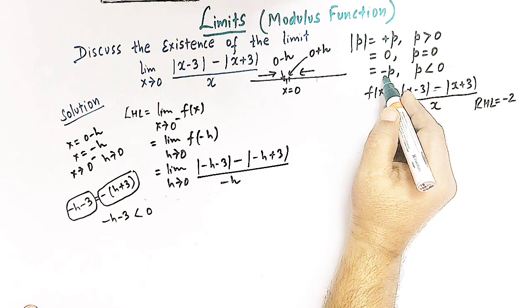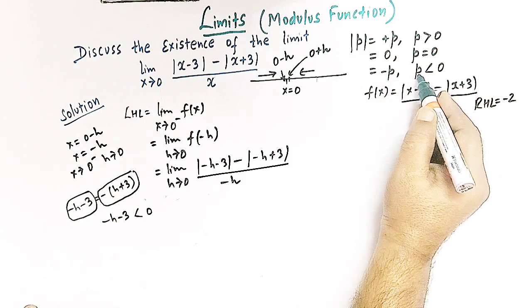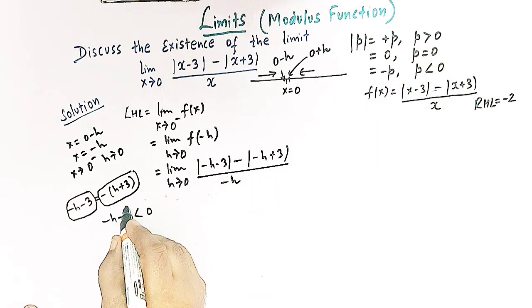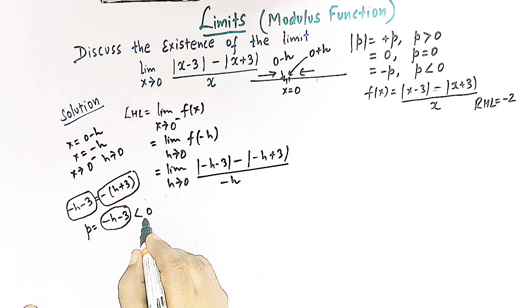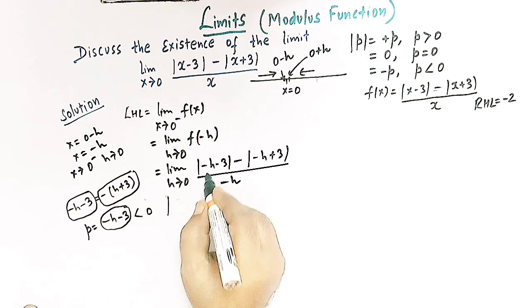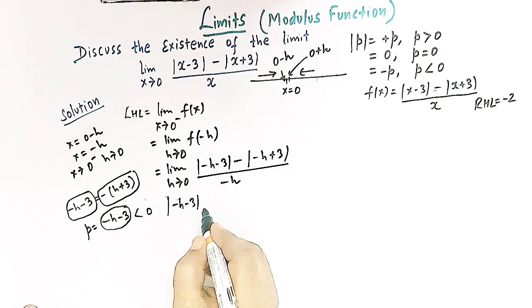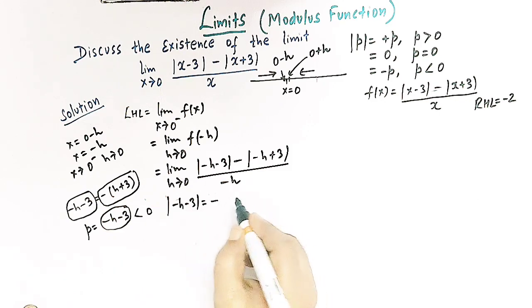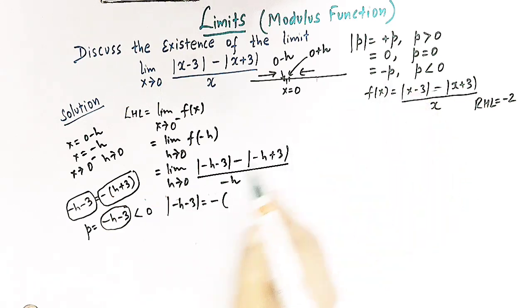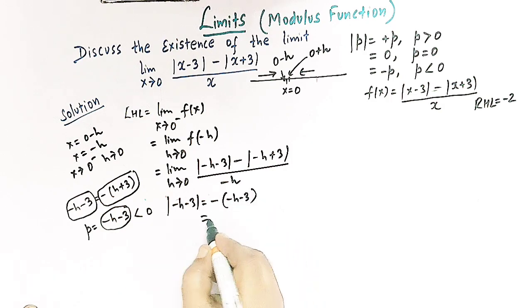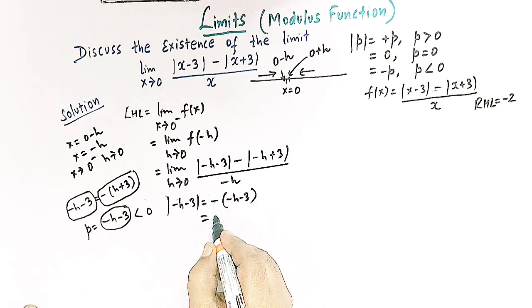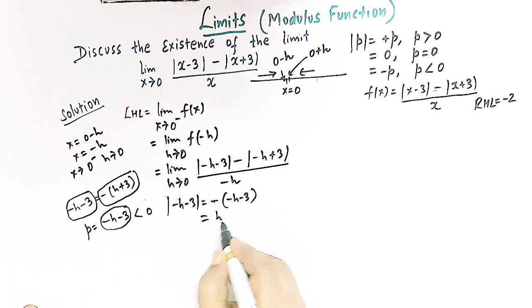Mod of p is equal to negative p when p is less than 0. So if we take this quantity as p, then we have p less than 0. So mod of minus h minus 3 can be written as negative of p. So p is minus h minus 3. So here we have minus minus plus. So we have simply h plus 3.